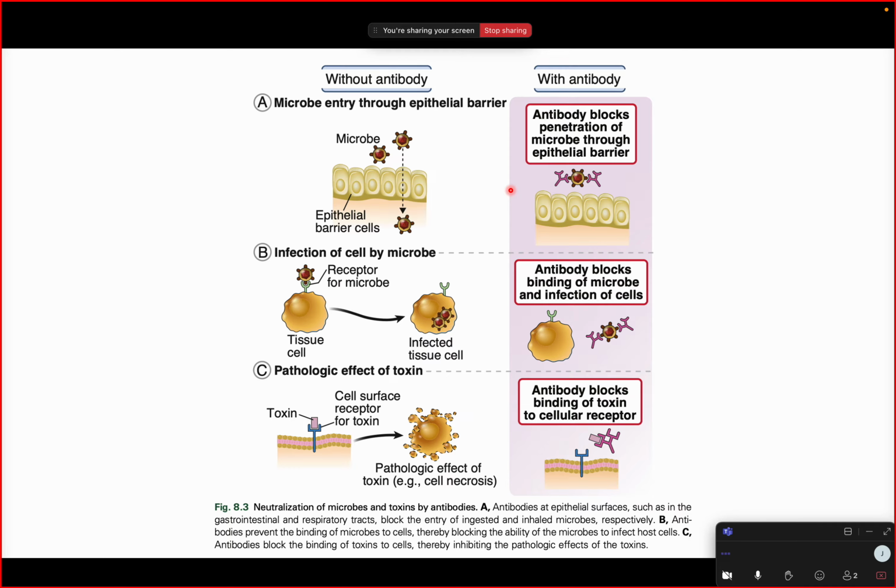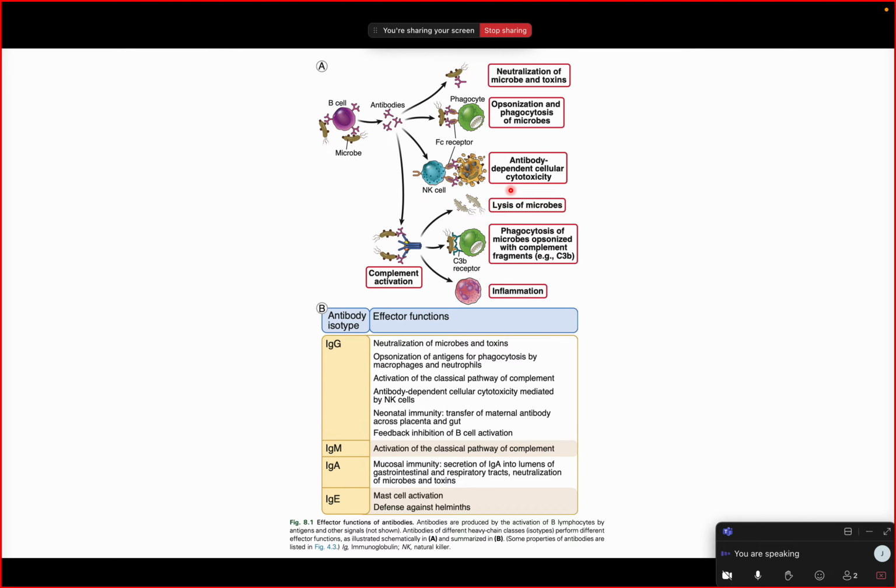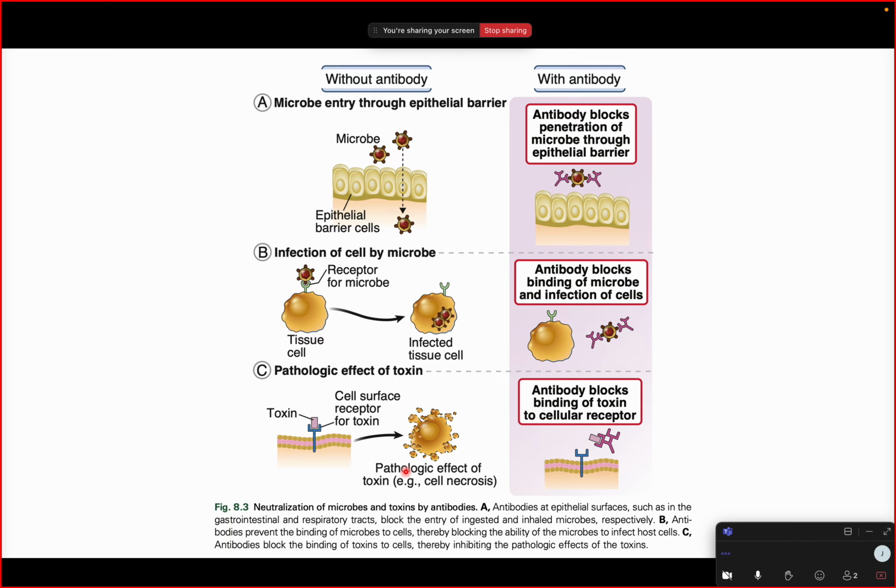The neutralization is done by IgG as well as IgA. So it can be either IgG or IgA type of antibody. Once it binds to the antigen, the microbe cannot enter, so it neutralizes the infection.